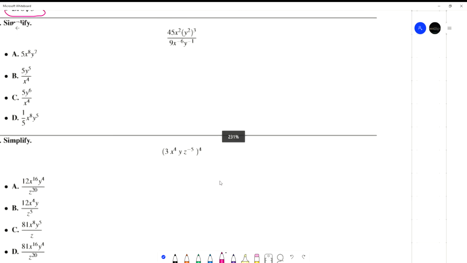Let me zoom back in there. Okay, so I know that 45 over 9 is 5, right? 5 in the numerator. And then I have x squared over x to the negative 6. That's the quotient rule, right? So that's 2 minus negative 6. So that's x to the 2 plus 6 is 8. So 5x to the 8.